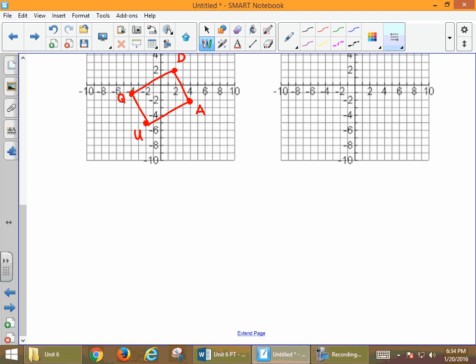So my four segments are QU, UA, AD, and DQ. And I'm going to find the slopes and the distances. So let's start with slope.